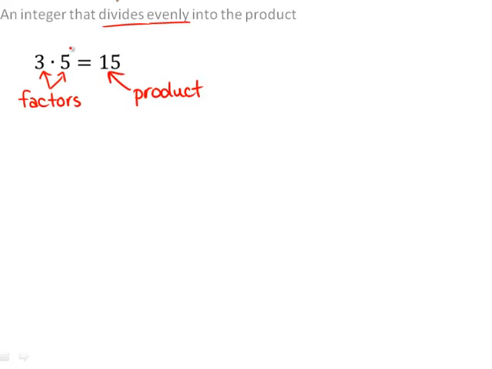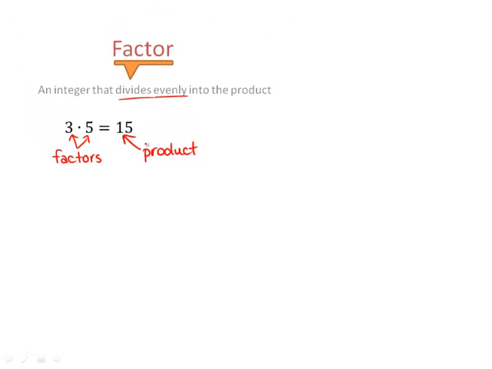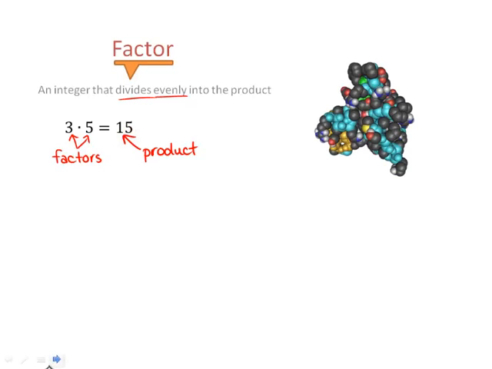So here, 3 times 5 is our factored form, and 15 is what it equals. It's kind of like a molecule. The factors are the little tiny components that are clustered together to give you the final product.